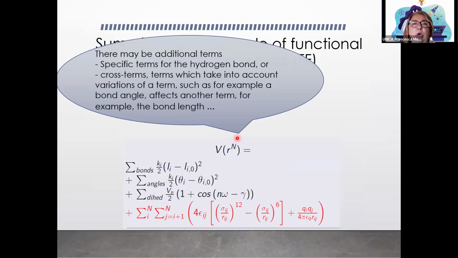When working with small molecules, or even with biomolecules, there might be additional terms, for hydrogen bonds or cross terms, that take into account the fact that if we vary the angle between a set of atoms, the bond stretching might also vary. And so there are force fields that take these into account.